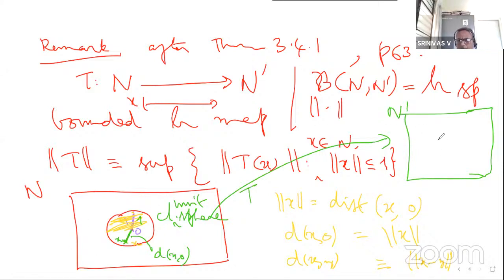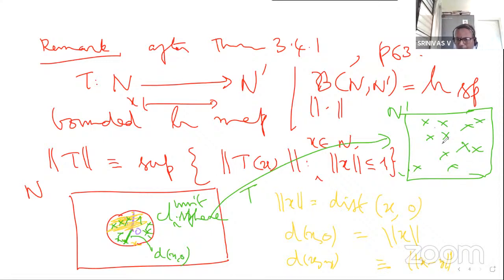So as your x varies in this closed sphere, the T of x values may be varying, but they don't go out of N dash. They remain in N dash, because it is the codomain. If x is in the closed unit sphere in N, these are the T of x values. For all of them, you collect the norm values.